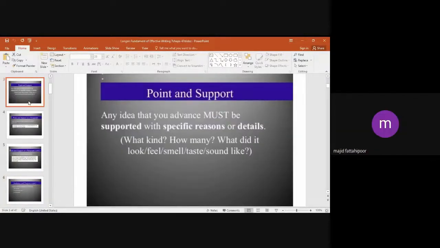I told you about the specific reasons and details and how we can generate them. This is a question that many students ask, how we can generate the specific reasons or details for our paragraphs when it just happens that it doesn't come to our mind.